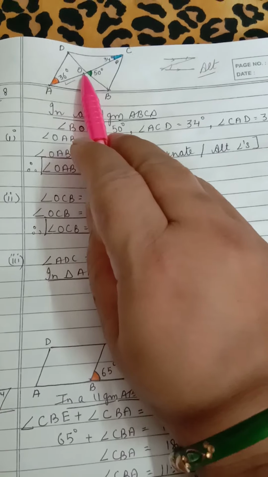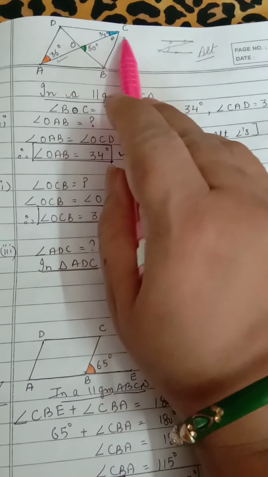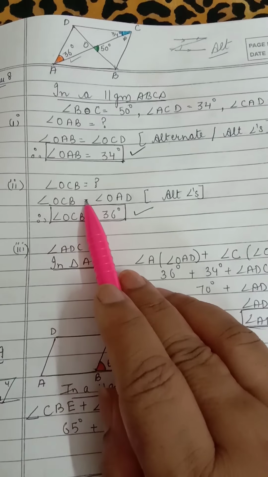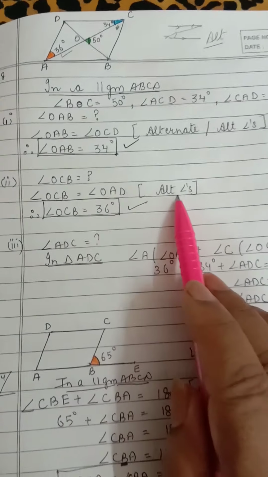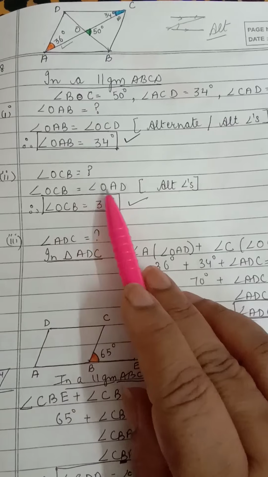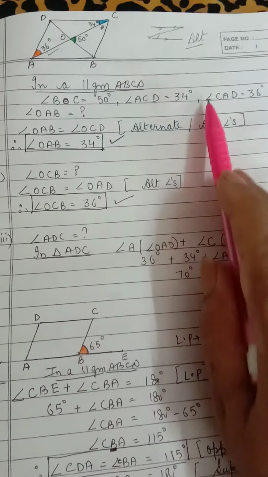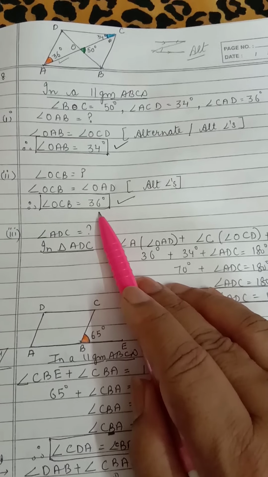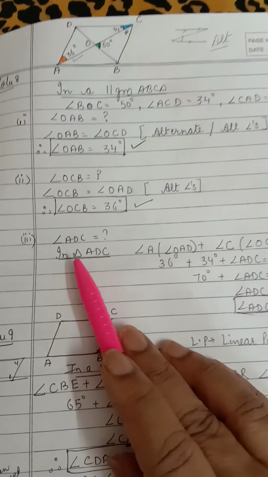We can also write it as OAD because we are taking the alternate property. You can give any name. So OCB is equal to OAD. They are alternate angles. So whatever is the measure of angle OAD or CAD, that is 36, OCB will also be 36 degrees.